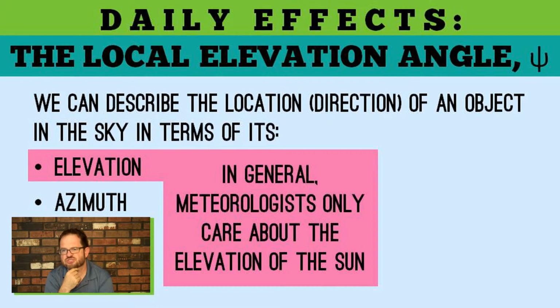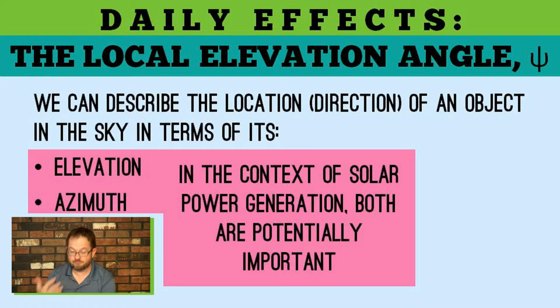So meteorologists almost never take azimuth into consideration, but for the purposes of energy, we're of course going to be caring about both because we're going to have the orientation of a panel. Is it facing a little bit to the south? Is it facing a little east, a little west, or whatever? The orientation, where the sun is in the sky with respect to how our panel is positioned, will in fact matter in the context of this course.